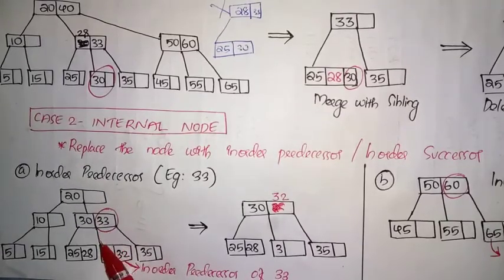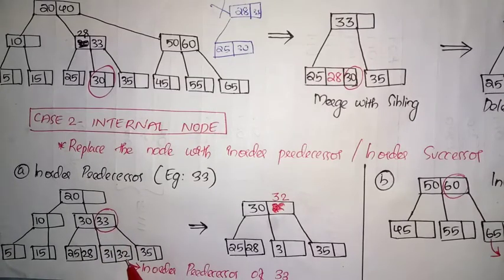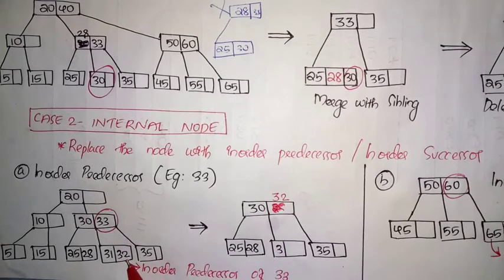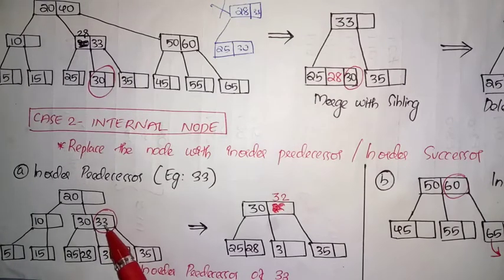So here in the left child of this particular node 33, 31 and 32 are stored. The in-order predecessor of 33 is actually 32. That is the largest element or the greatest element that is present in the left child of this particular node.